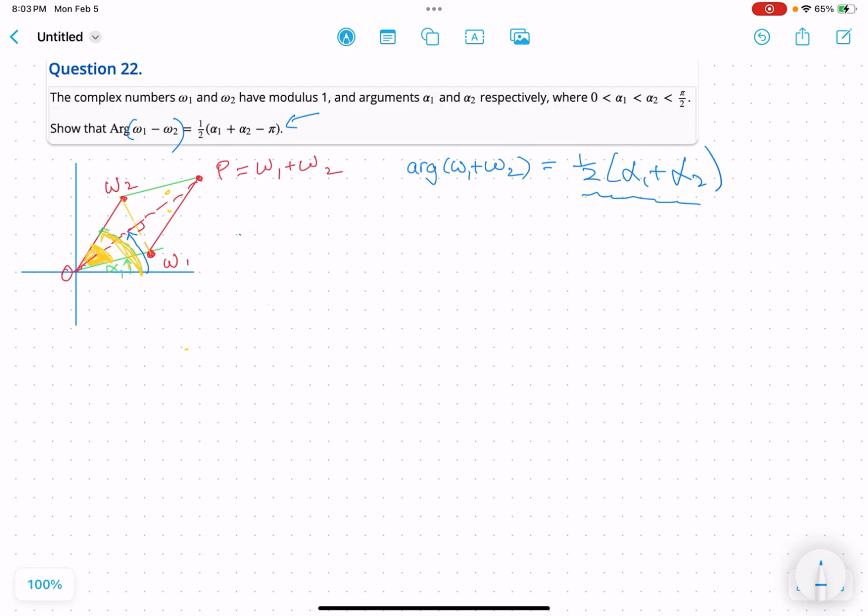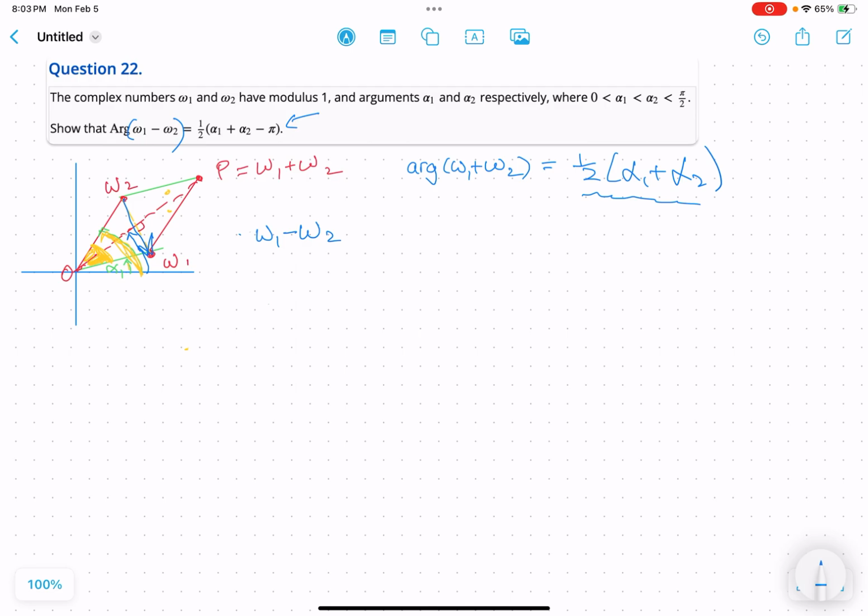I can tell I'm going to have to rotate it by 90 degrees. So what can I rotate by 90 degrees? If we look at W1 minus W2, the vector from W2 to W1, that vector is represented by W1 minus W2.